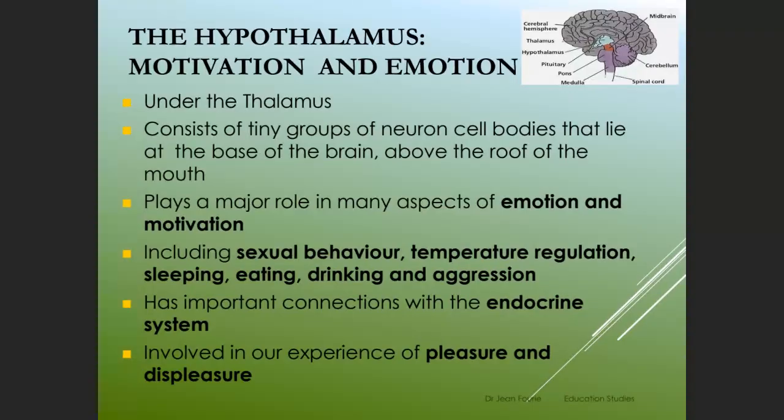They also have to do with motivation of sexual behavior, the regulation of our body temperature, our sleeping patterns, eating, drinking, and things like aggression as well. There are important connections in the hypothalamus with the endocrine system, and this is all the hormones that are in your body that are allowing us to function.